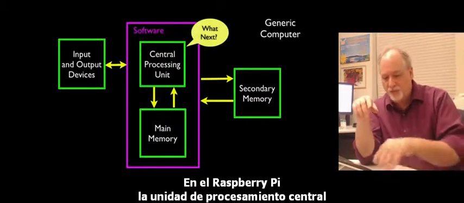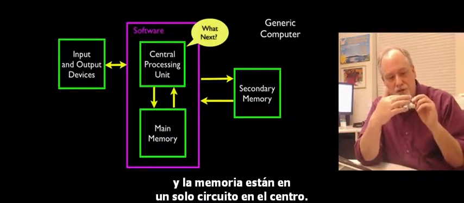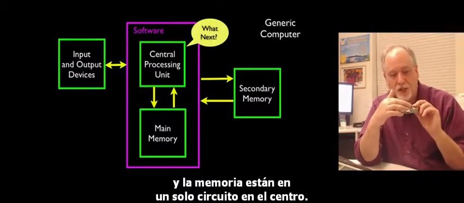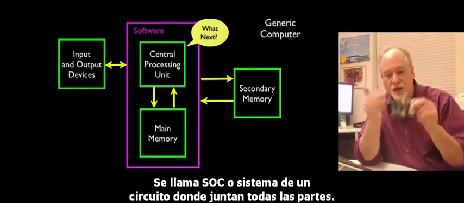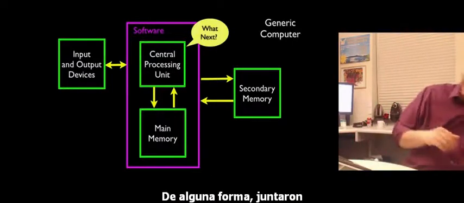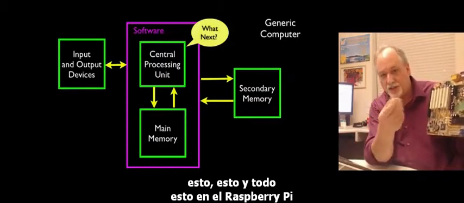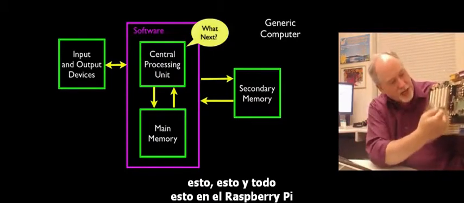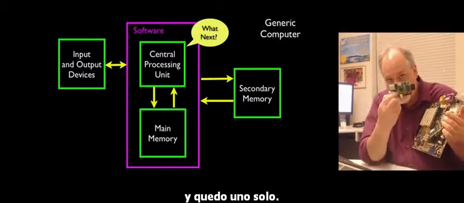So this RAM, on the Raspberry Pi, the CPU, the central processing unit, and the RAM are all in this one chip in the middle. It's called SoC, or system on a chip, where they put more parts there. So in a sense, they've collapsed a lot of this all down in the Raspberry Pi to one little guy.